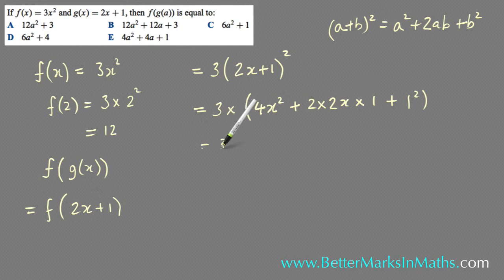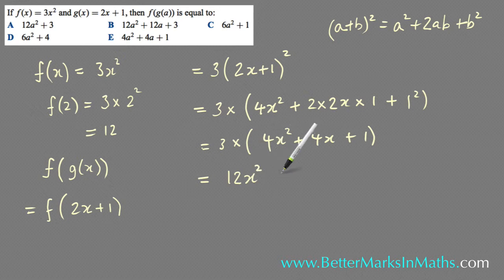And then that's 3 times, 4x squared plus 4x plus 1. Timesing everything by 3, you end up with 12x squared plus 12x plus 1.